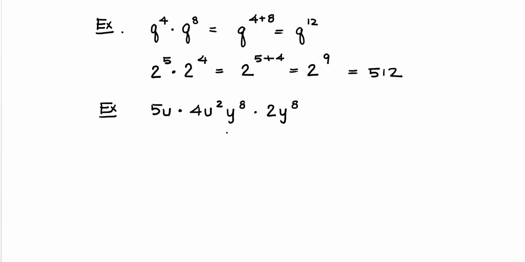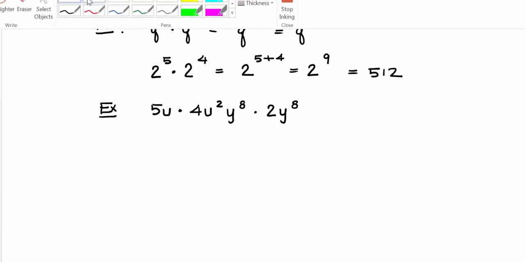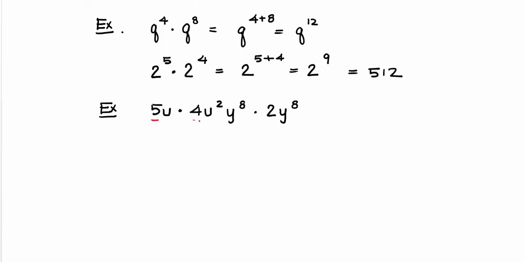The first thing I'm going to do, if you notice, it's all multiplication going across. So I'm going to gather my coefficients. I have this 5, this 4, and this 2, so I'm going to move those up front. Remember, because multiplication is commutative, I can do it in any order: 5 times 4 times 2.